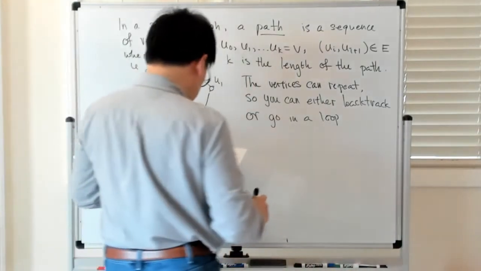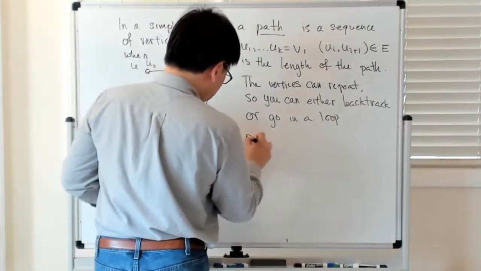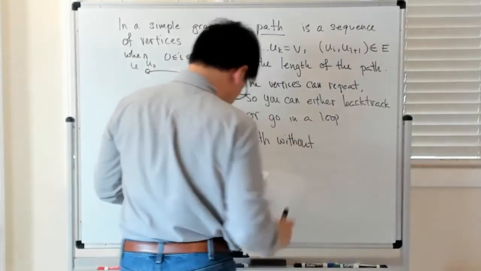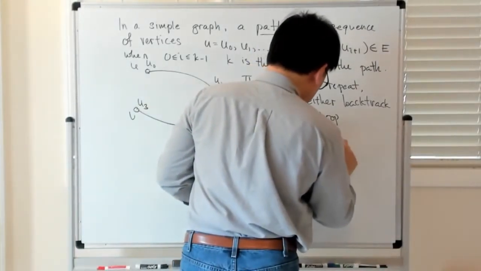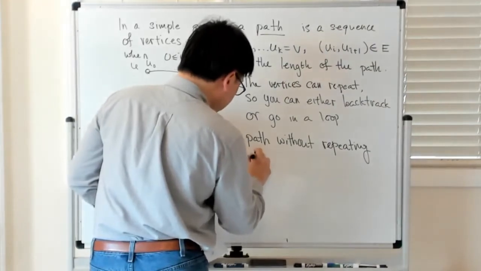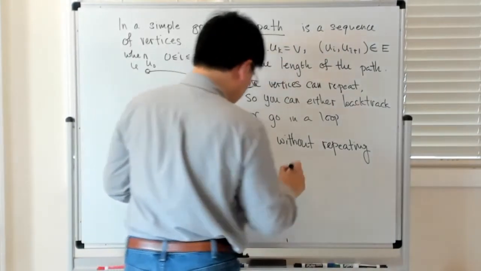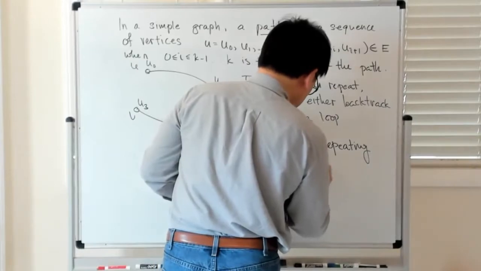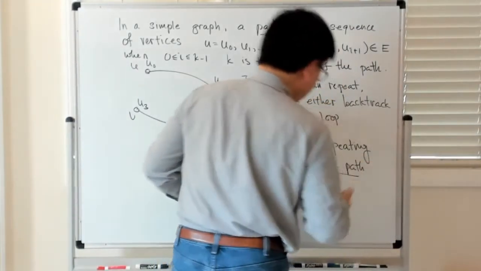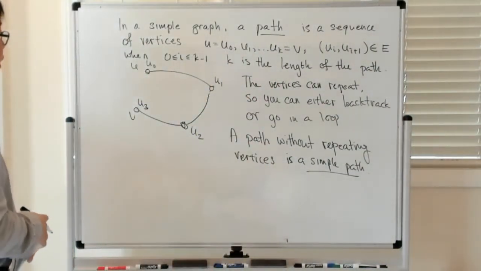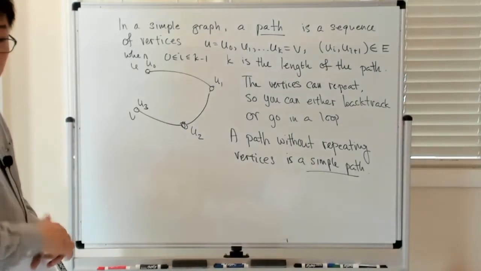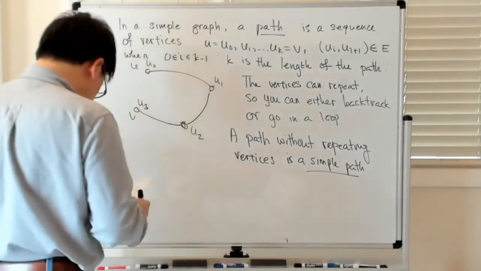So a path without repeating vertices is a simple path. And it's easy to convince yourself that if you give me a path, then I can construct a simple path out of that.